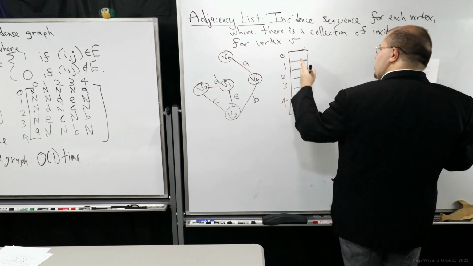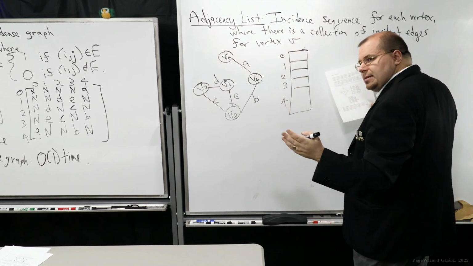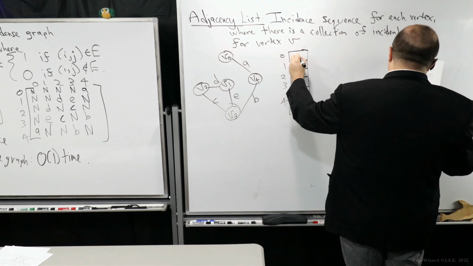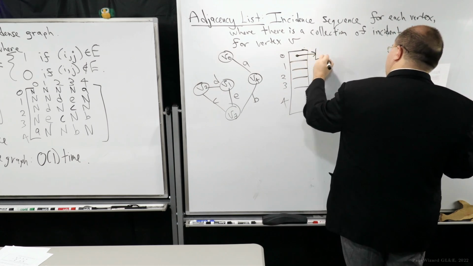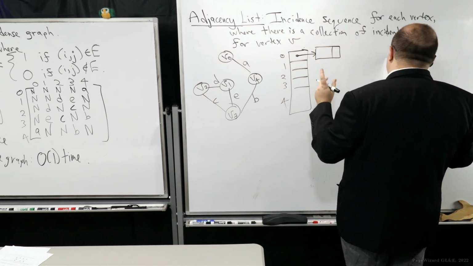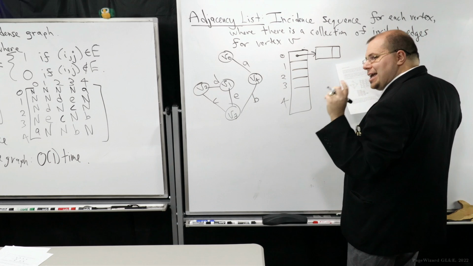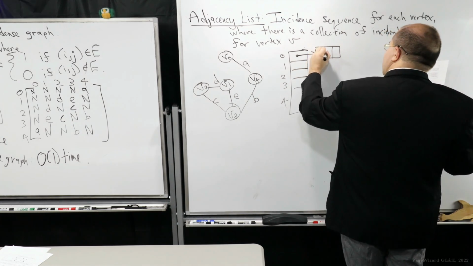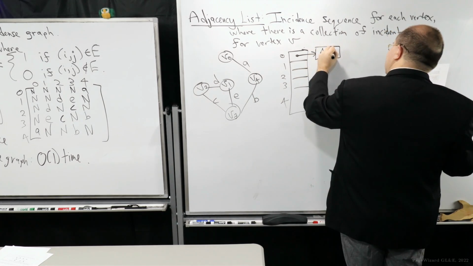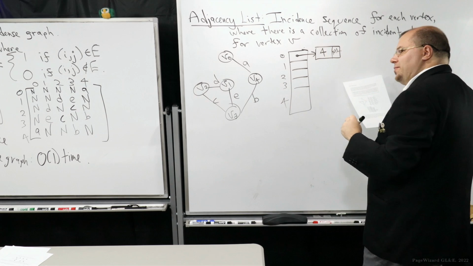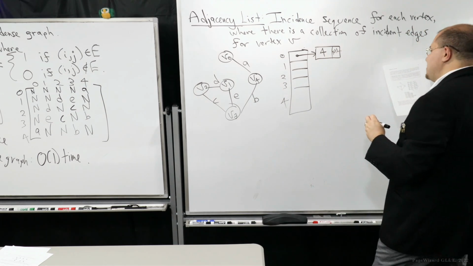We're going to have an array or a list that contains pointers or references to linked lists. Each one of these is the head of a linked list. Each will store the opposing endpoint of each incident edge.